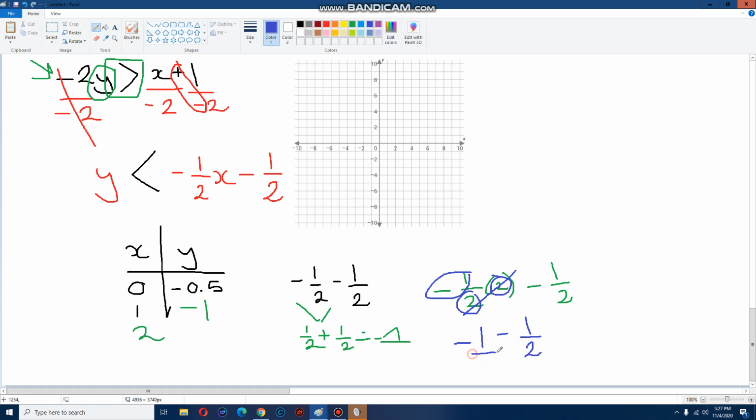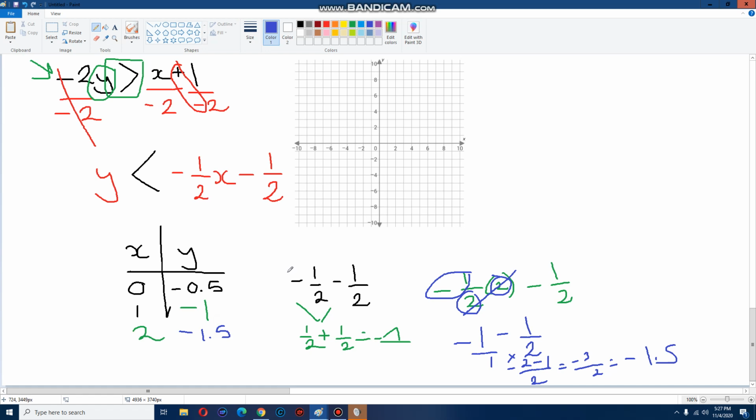I can do it like this. 1 times 2 is 2. Cross multiply. Minus 1 times 2 is minus 2. 1 times minus 1 is minus 1. And that'll be minus 3 over 2. And since I don't want fractions, I want a decimal, minus 3 over 2, you just have to divide it. That'll be minus 1.5.